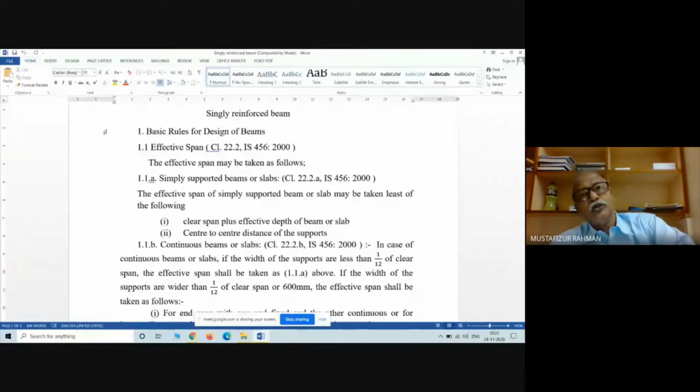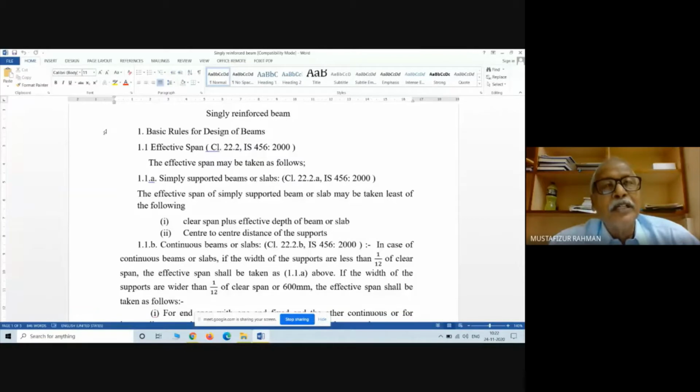That is also not known to us, but in your problem, say it will be given. In a real problem, you will be able to assume it. So what is given as per the condition? One is that clear span plus effective depth of the beam or the slab, or center to center distance of the supports.